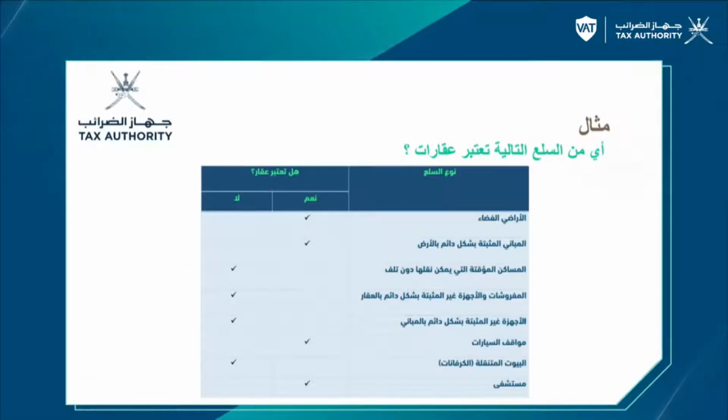Buildings fixed continuously on the plot are too. However, provisional accommodations, furniture and non-fixed appliances, and systems not fixed permanently on buildings are not considered as properties and therefore they are not taxable. So they must be fixed permanently, right? Yes, they need to be fixed on the plot or attached to a building which is already fixed.